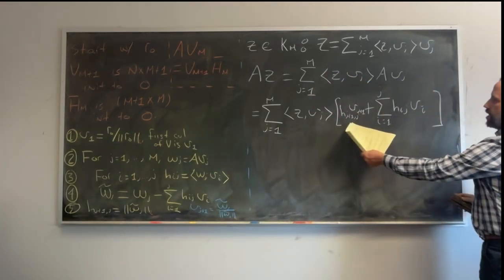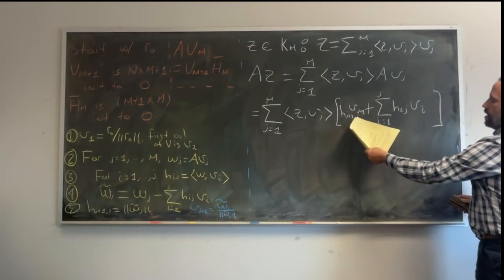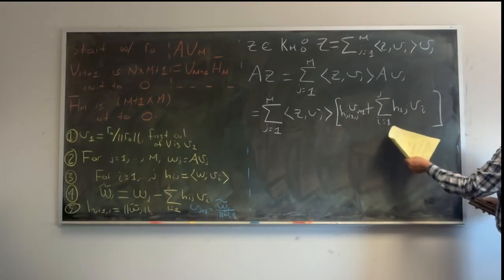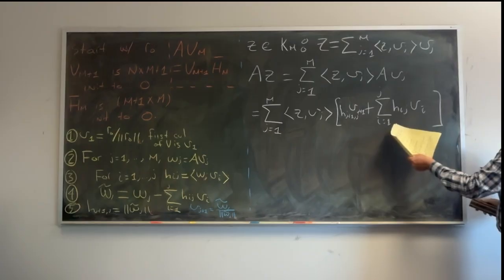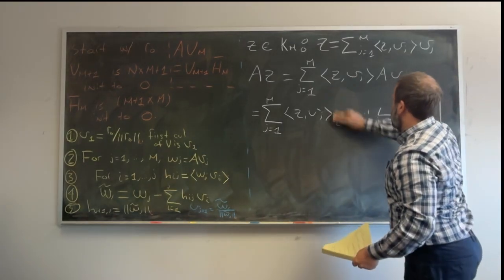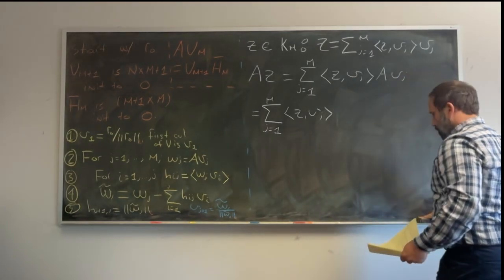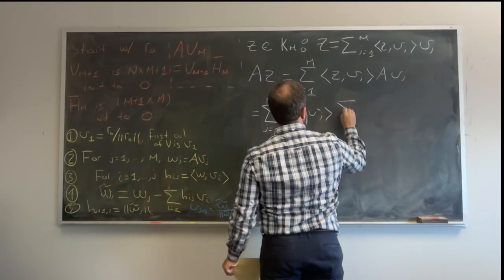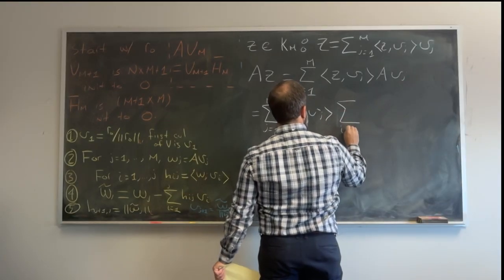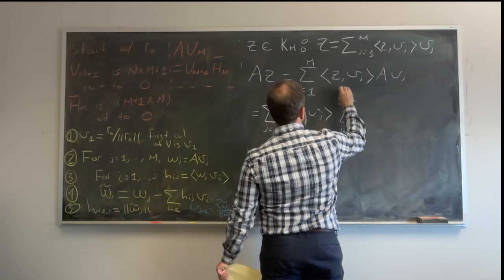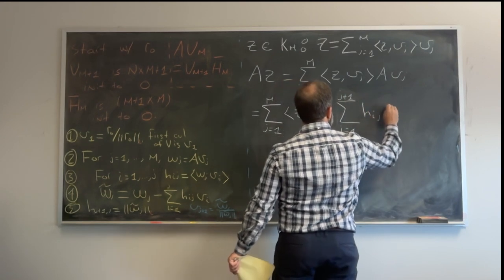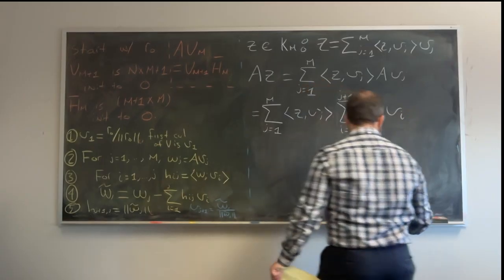But this term here is exactly what you would get if you just plug in i equals j plus 1. So I can actually write this as one sum, the sum i equals 1 to j plus 1 of Hij Vi.